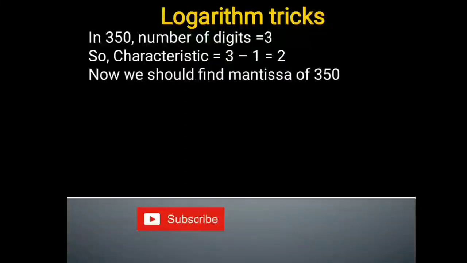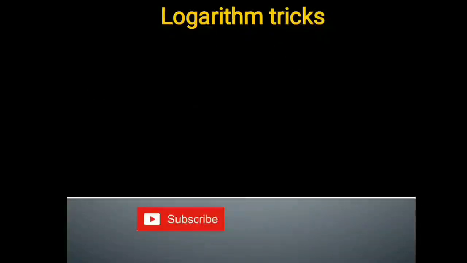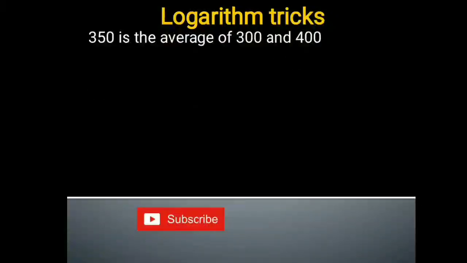But how will you get the mantissa? It is in between 300 and 400. 350 is present in between 300 and 400, and we know the mantissa value of 300 and the mantissa value of 400. 350 is the average value of 300 and 400, right?